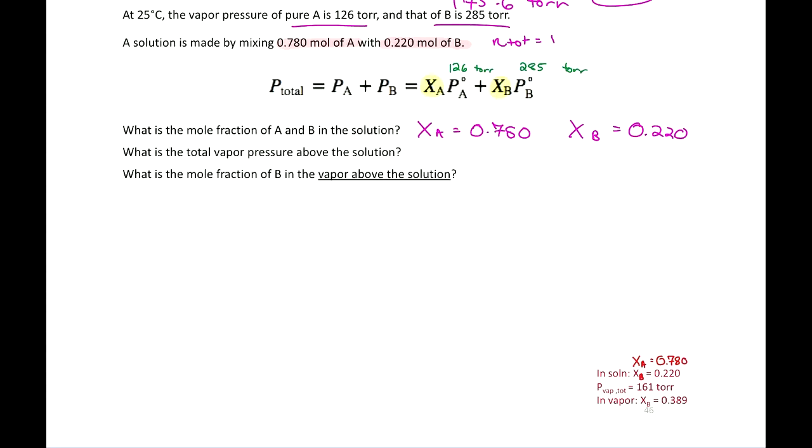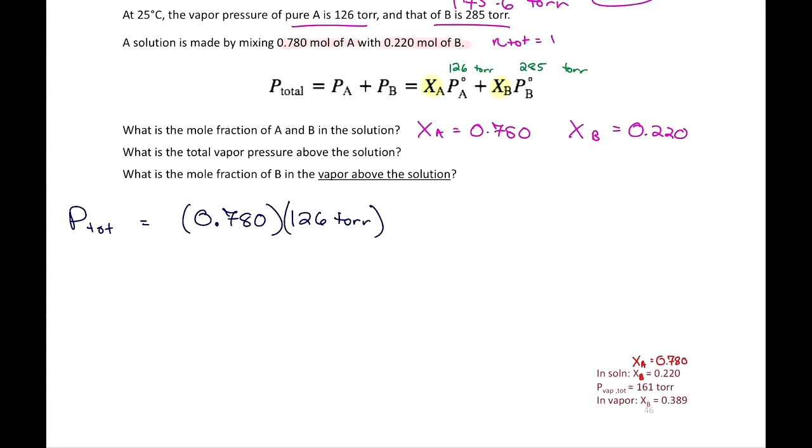So just like before, we're going to insert these mole fractions into the equation along with the vapor pressures in their pure form. So I'm going to do it the same way. The total pressure is equal to the mole fraction of A, so 0.780, so 78% A, times 126 torr.